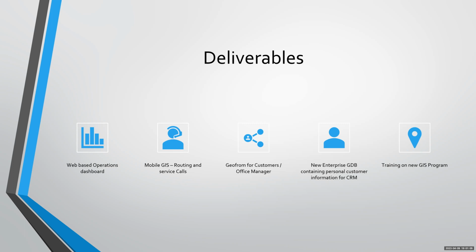Other deliverables, we talked about the GeoForm already, and the biggest one here would be the new enterprise geodatabase. Currently, their database does not have any spatial data, so we would have to build out the spatial database for address with the geocoder, a network dataset for routing technicians to and from the call location, and some other information as well, like assigning employees, zone IDs, vehicle IDs, a lot of spatial relationships that will be involved here for their database.